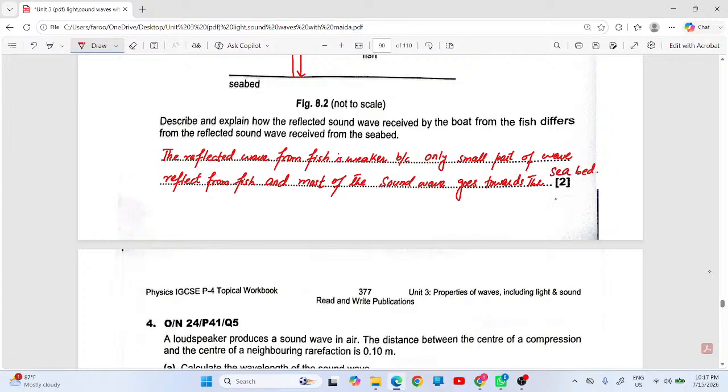Thus the reflected wave from fish has smaller amplitude.